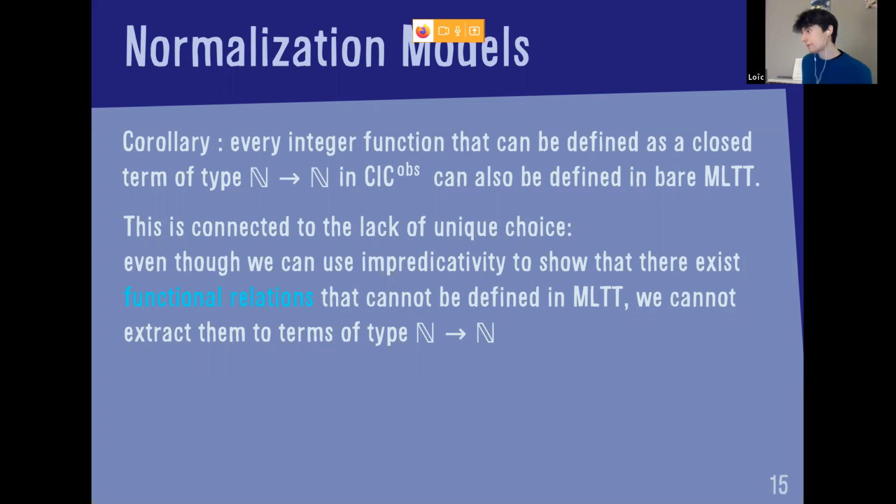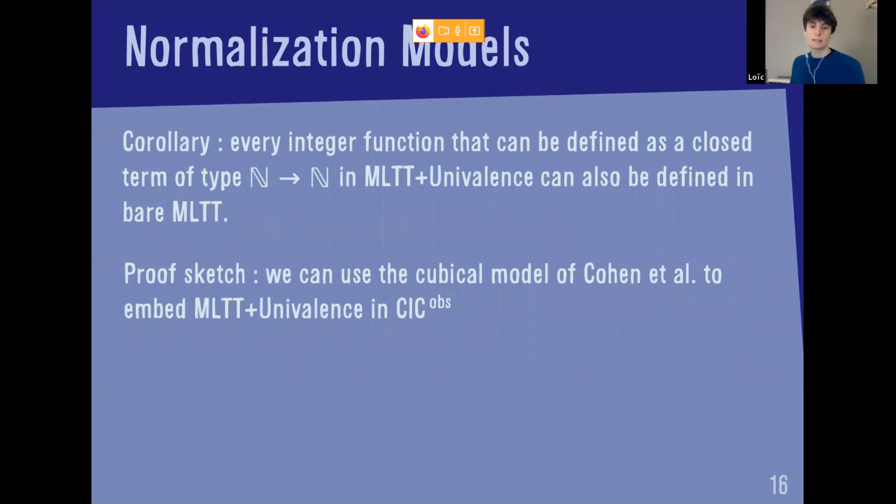We can prove that, say, System F normalizes, but we cannot extract a function that computes a normalization for System F. And I will conclude on an interesting corollary, which is that the same property applies to the univalence axiom.